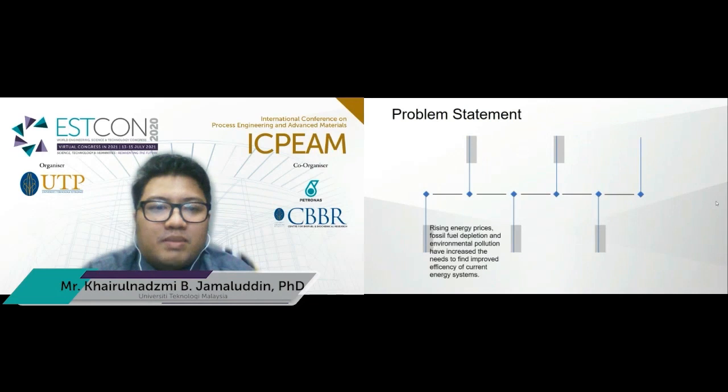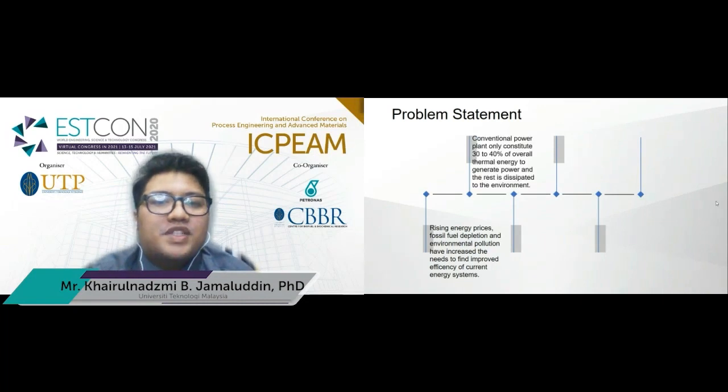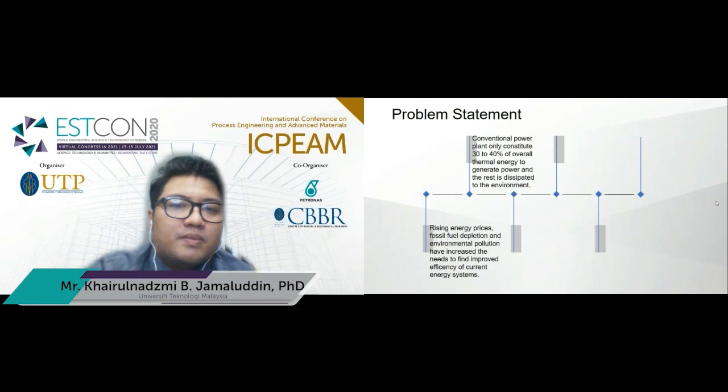So the problem statement: the first, rising energy prices, fossil fuel depletion and environmental pollution have increased the needs to find improved efficiency of current energy system. Secondly, conventional power plant only constitute 30 to 40% of overall thermal energy to generate power, and the rest of it is dissipated to the surrounding.